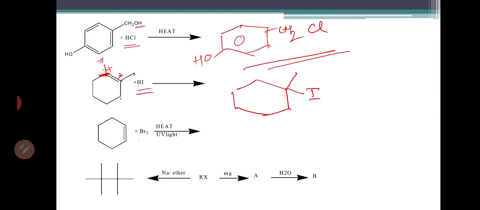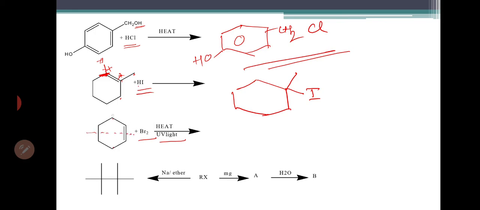Now next is again bromine, and heating with UV light. This is halogenation, so free radical halogenation. For this again you need to know how many types of carbon atom are present, right? So we just divide this into two equal halves, right?